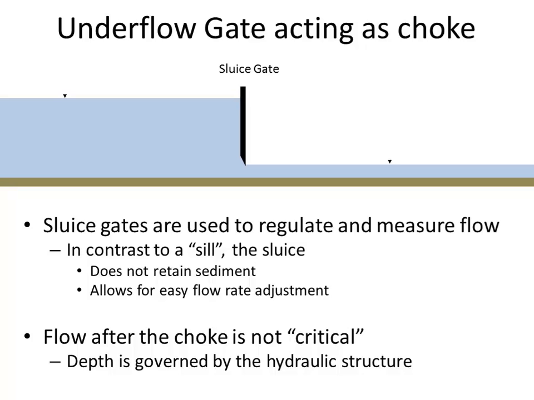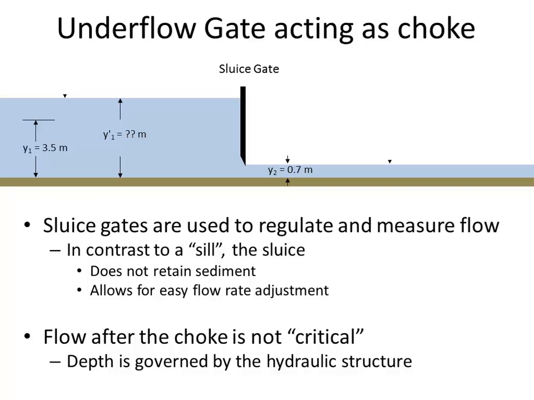And critical flow is a little bit unstable. So that's a disadvantage as well in this situation, that the choking has occurred until critical flow exists over the obstruction. In the case of an underflow gate, another advantage compared to using a sill to control flow is that you don't necessarily have to have critical flow coming out of the gate. The water coming out of the gate may be supercritical, it may be subcritical. You have a variety of different options available for the downstream depth.